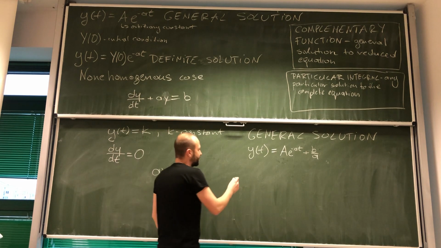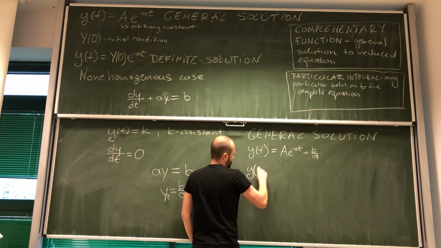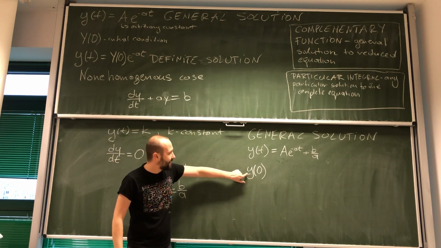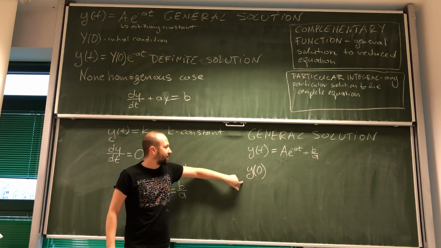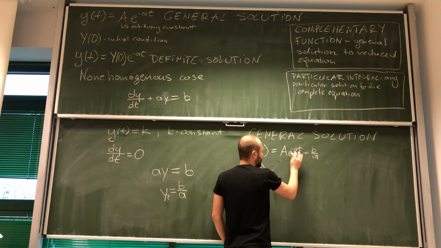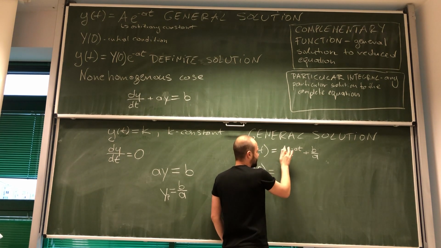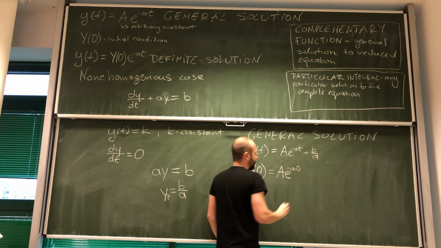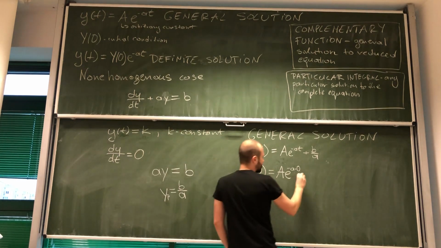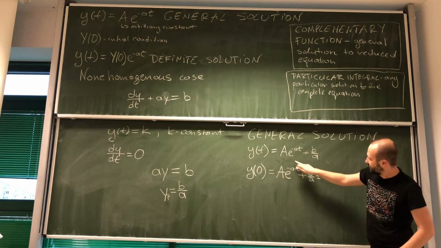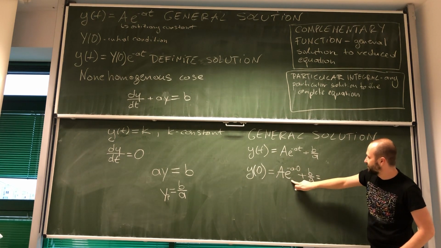The initial condition is that we know the value of y at t equals 0. If t is 0, what is happening over here? We get a times e to the power of negative a times 0, plus b over a, and e to the power of 0 is 1.